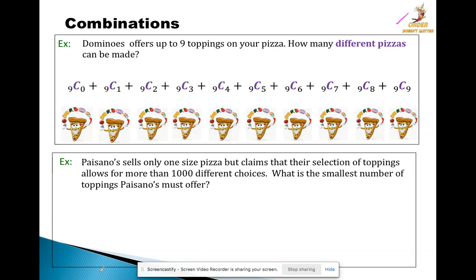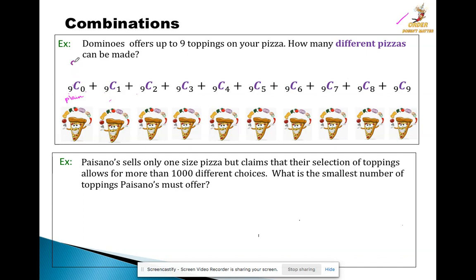Whoa, right? These are all my different possibilities. There are 9 toppings. I could choose none. That's a plain pizza. 9 toppings, choose 1. 9 toppings, choose 2. 9 toppings, choose 3. Now, you're going to think I'm silly here, but watch what I'm going to do.